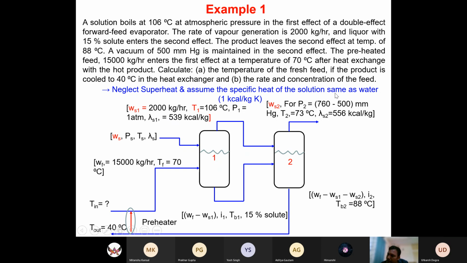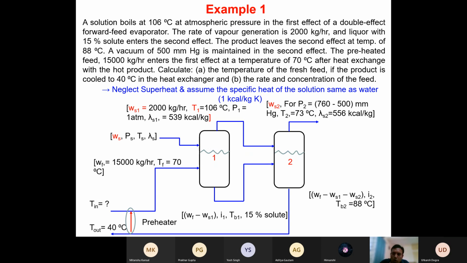Again, once we know this pressure here, 760 minus 500, for this pressure we can pinpoint the saturation temperature and its corresponding latent heat of vaporization. So this 73 and 556 we can find out from the tables given at the backside, by looking at this temperature T1 and this pressure P2, assuming that both are at saturation temperature.